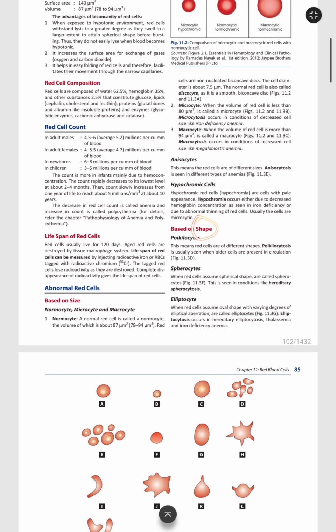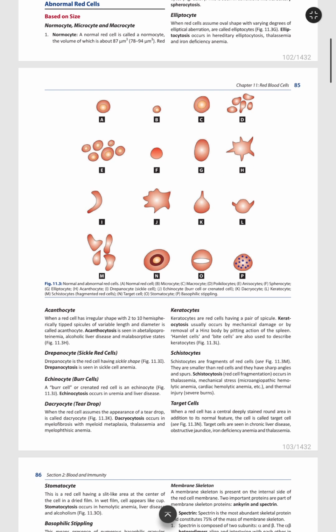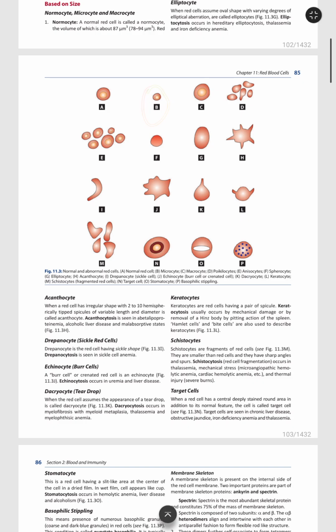Based on shape, they can be spherical, elliptic, or irregular, different shapes, right? Then this is microcyte, this is macrocyte, this is anisocyte, spherocyte.